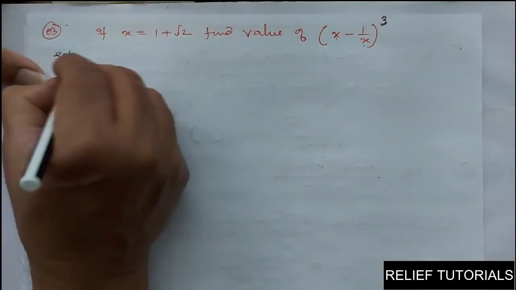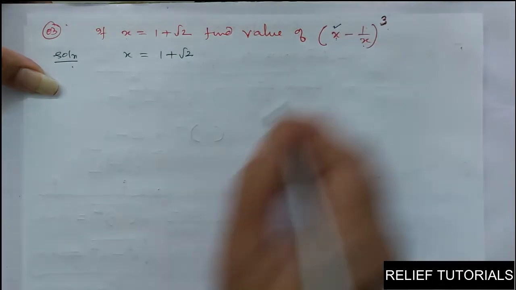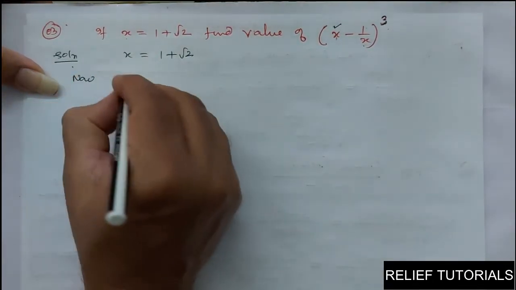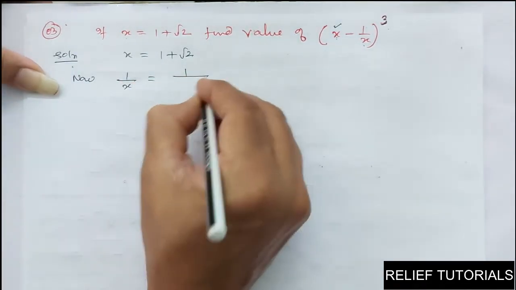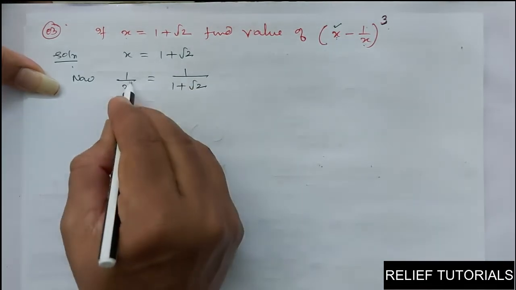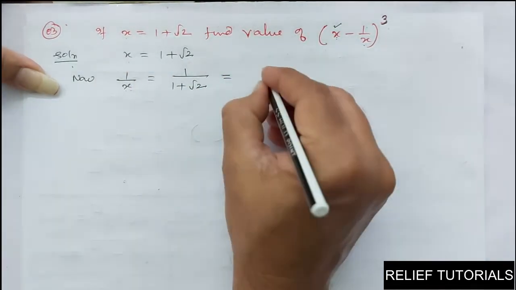See now the solution. x is equal to 1 plus root 2. So we got x. Now we want 1 upon x. So 1 upon x means 1 upon 1 plus root 2. Now we'll solve this, so you'll multiply with its conjugate.